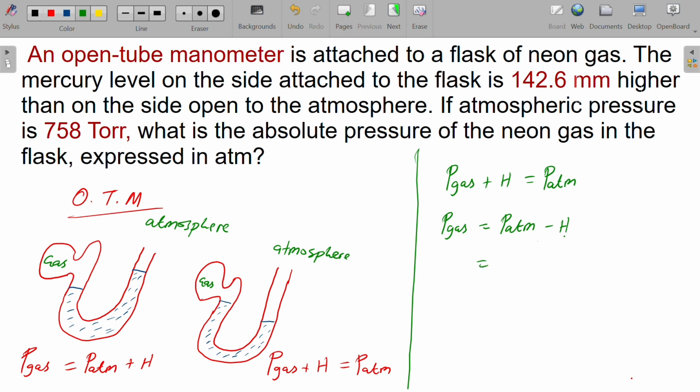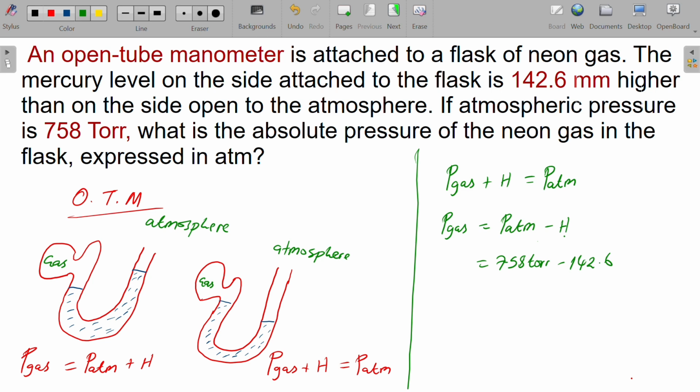Then replacing with what we have, we are given that pressure of the atmosphere is 758 torrs. Then this will be subtracted by the height, which is 142.6 millimeters higher. So we use millimeters of mercury.